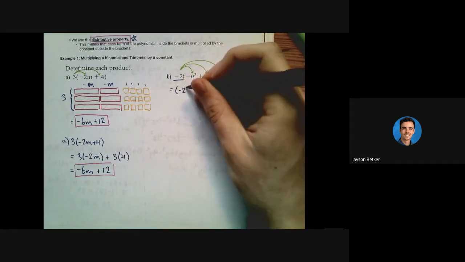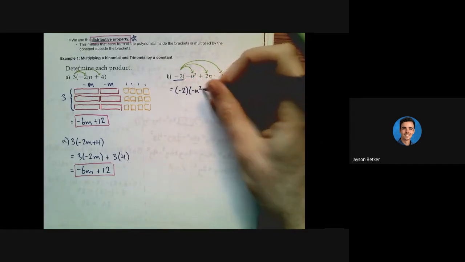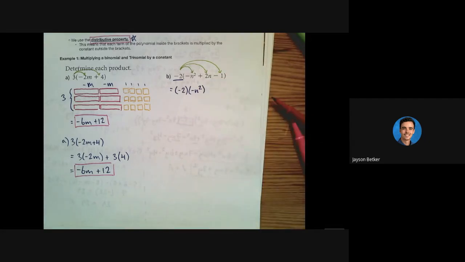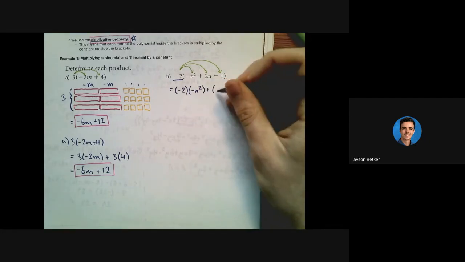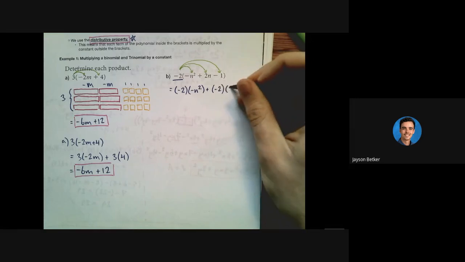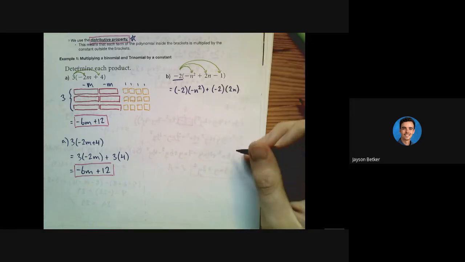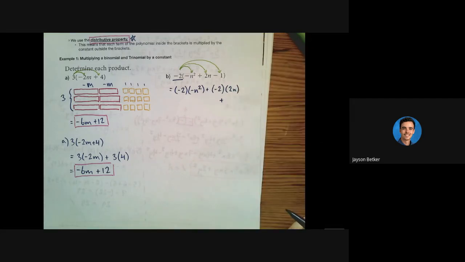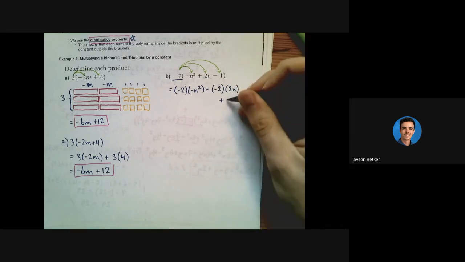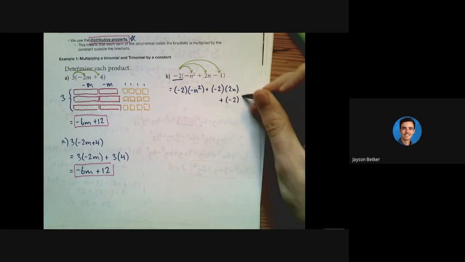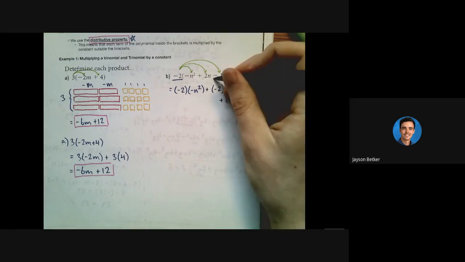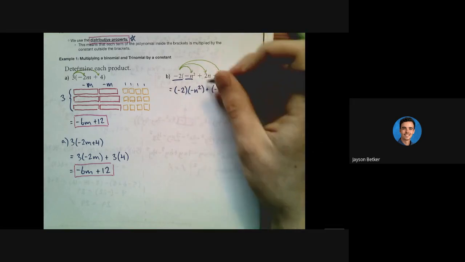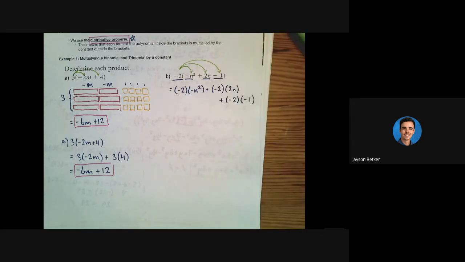So what I'm going to do is I'm going to go negative 2 times negative n squared plus negative 2 times 2n. And then plus, I'm running out of room here, I'm going to write it underneath, plus negative 2 times negative 1. So we take that whole negative 1, that whole negative n squared, and that positive 2n. And we add them all up.